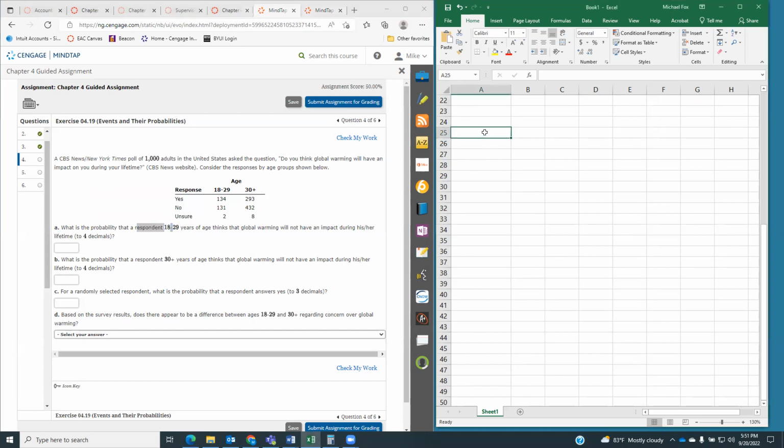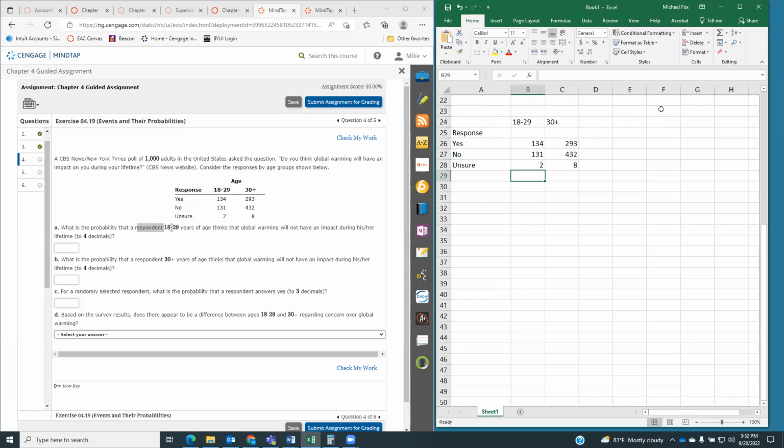So I'm going to go ahead and just recreate this data here. So I have yes, no, and unsure. And then I have my age, 18 to 29, and 30 plus. And then our responses were 134 yes, 293 no, 131 yes, 432 no, 2 unsure, and 8 unsure.